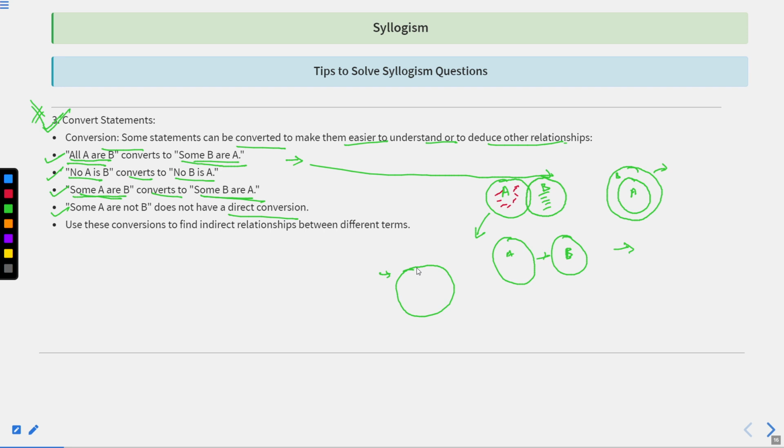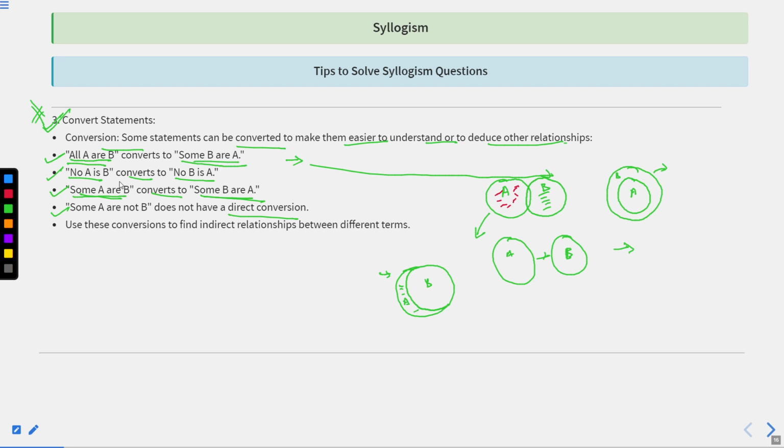So this is A and this is representing another circle B. So if this would have been B and this would have been A, we can say that some A are not B, correct? But can we say it as some B are not A? Because all B are A in this particular diagram.